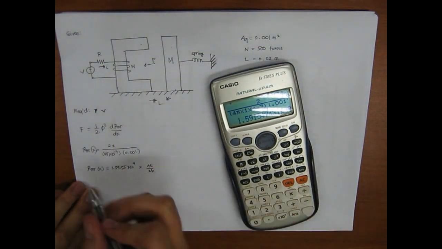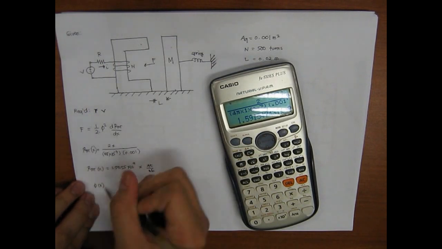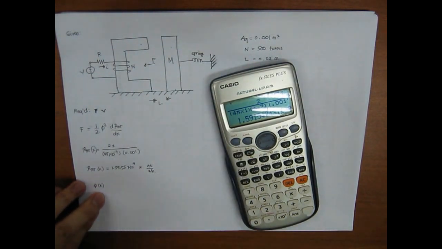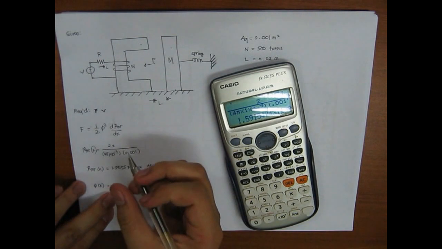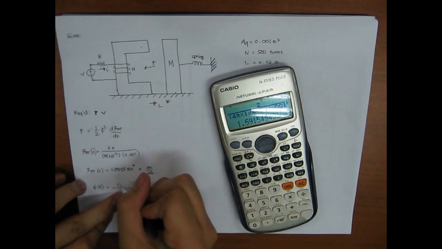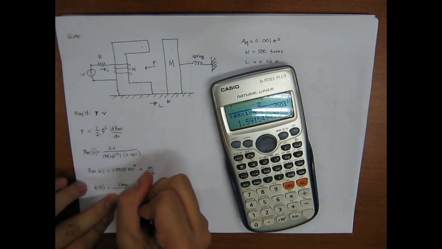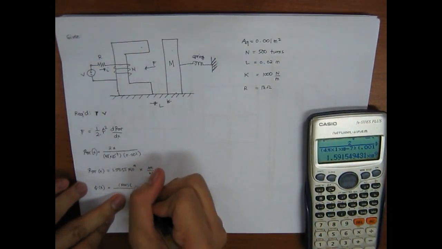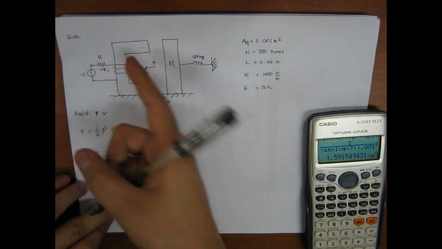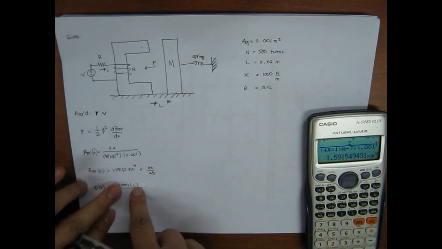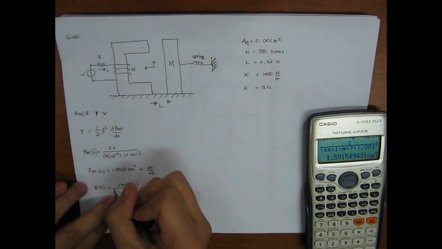And let's now solve for the flux as a function of x, since as this moving part moves, the flux magnitude also changes. So the flux is equal to the MMF, the number of turns equal to 500 times I, we don't know the excitation current. We haven't solved for the excitation current yet, so that is still unknown.